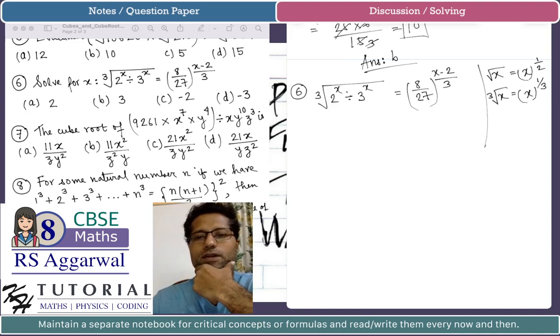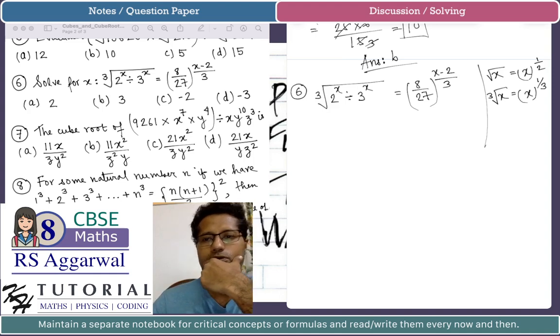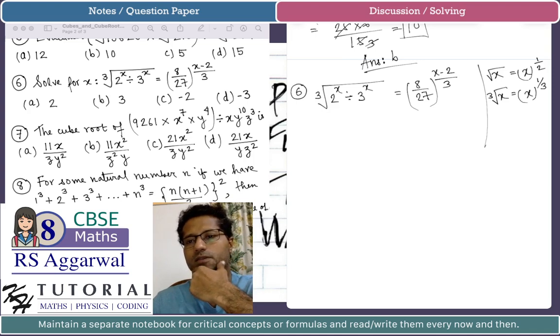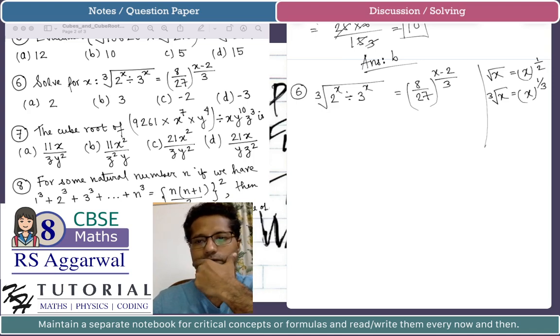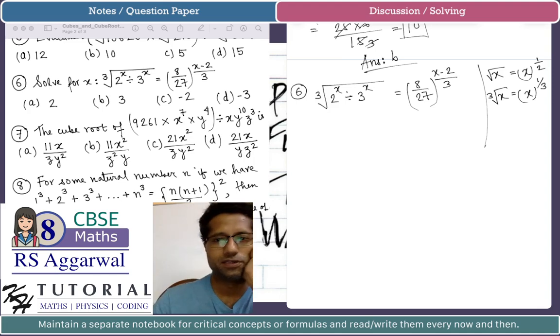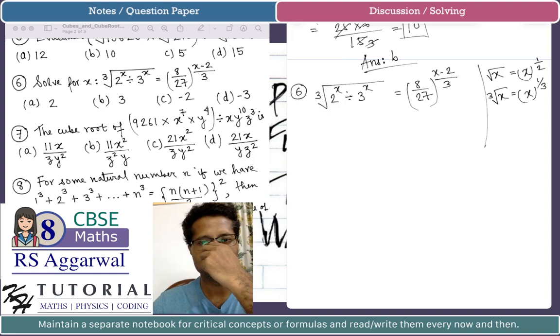Now, on the left hand side, inside the cube root, we have powers of 2 and 3. On the right hand side also, it is an exponential term and the base is 8 by 27, and 8 can be represented as a power of 2, and 27 can be represented as a power of 3.